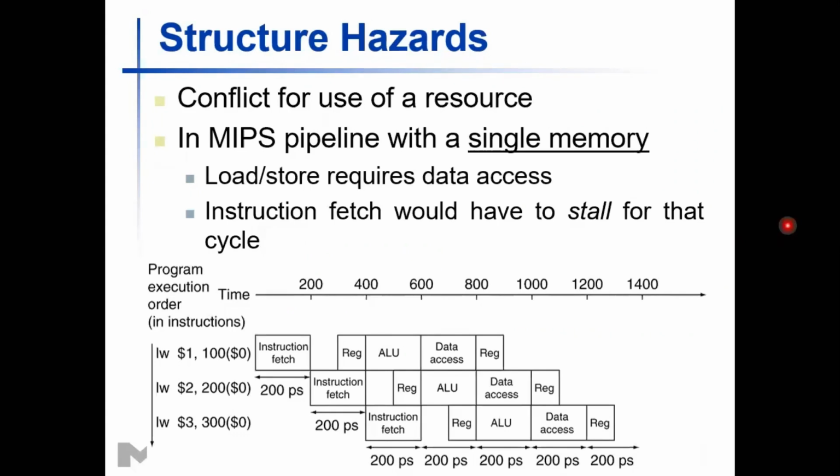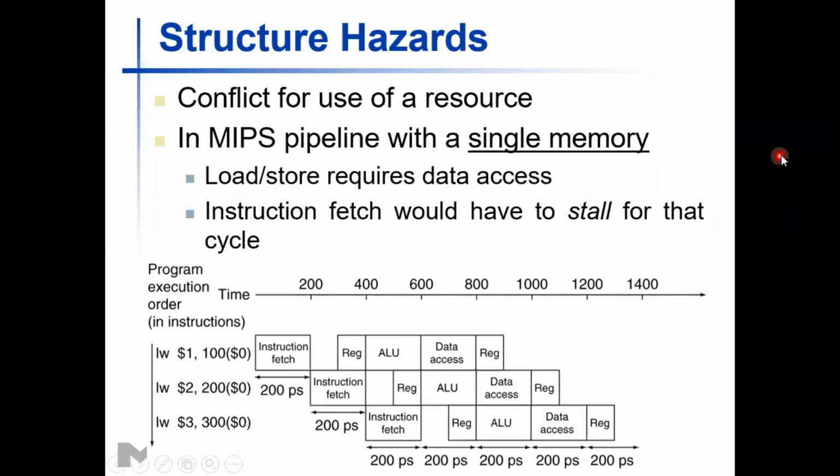In the implementations that we had a look at so far, we assumed an instruction memory and a separate data memory, right? Assume that these two are the same thing now. If you only have a single memory device where you have your program instructions and data, then a structure hazard can occur.